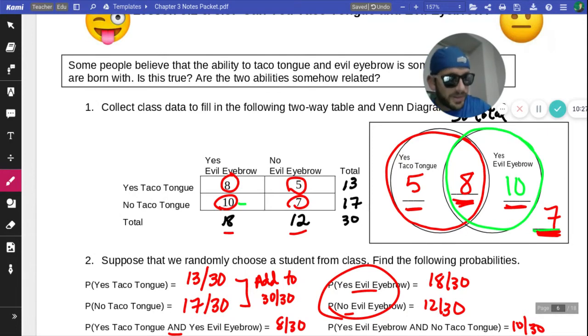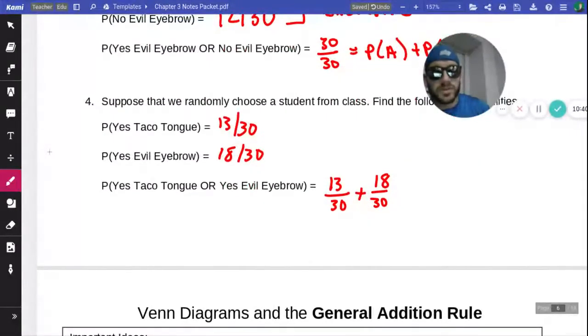So what you may notice is that we're counting the 8 twice. Because we're counting that 8 twice, we don't want to count it twice. We've got to subtract that 8 out. So what we'll do is we'll say the yes taco tongue, the yes evil eyebrow, 13 and the 18, and we'll take away the 8 out of 30.